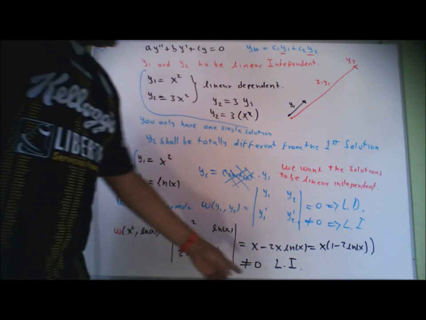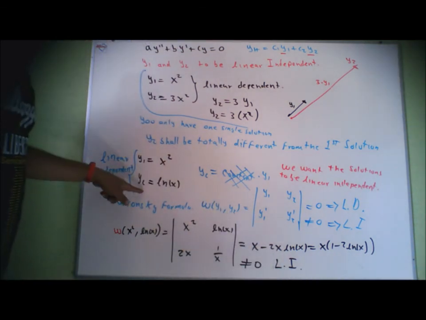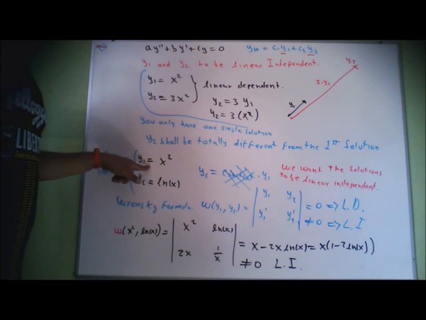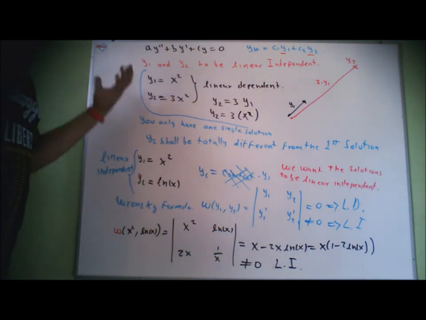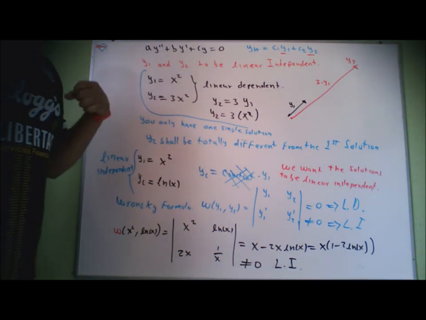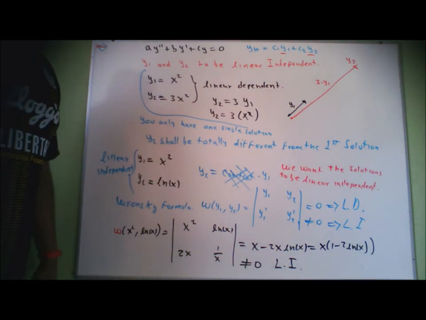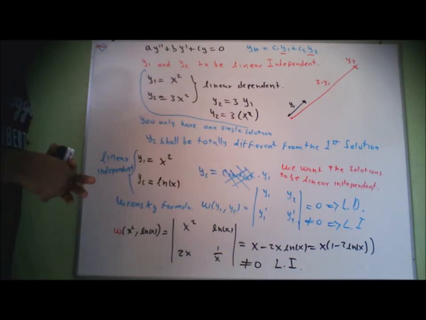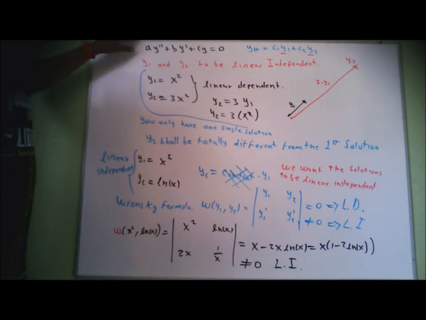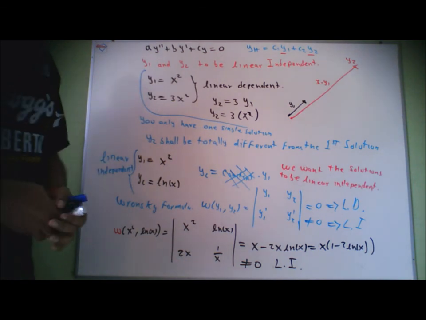If they are linearly independent, your second solution is totally different from the first solution. We need this because we have to make sure that we have all the solutions and no repeated solutions. Okay, in the next video we are going to find the solution of this differential equation. See you in the next video.